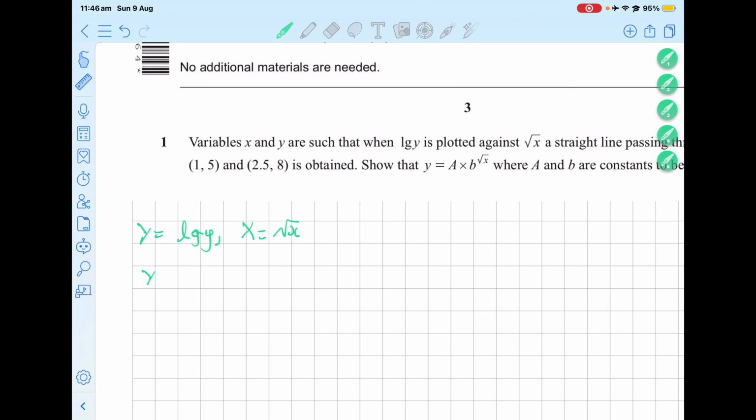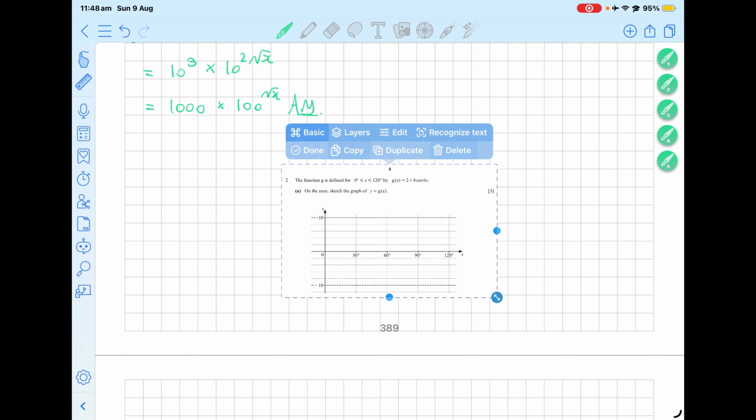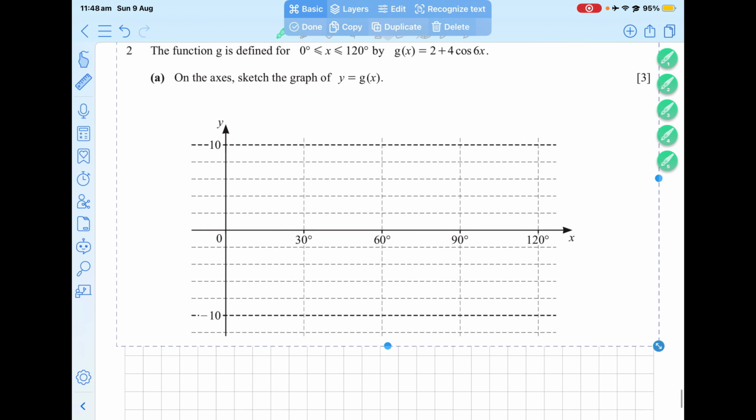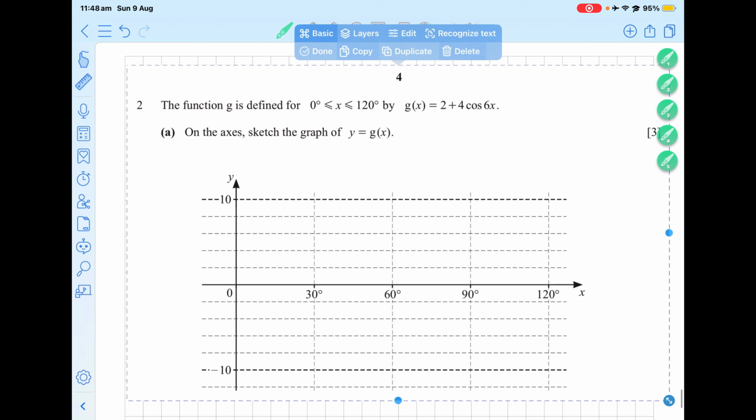Then moving on to part B. Sorry, question 2. Okay, so sketch this graph of y is equal to g of x. So g of x is 2 plus 4 cos 6x.